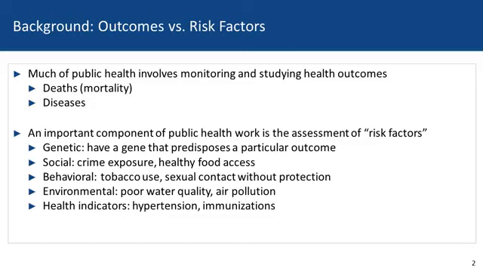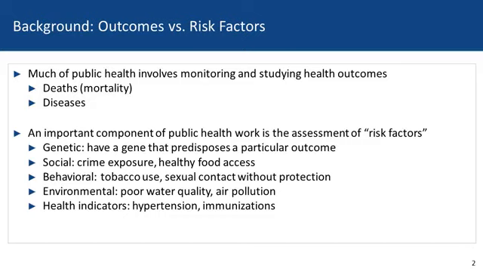These are those factors that might contribute to someone having a particular outcome or progressing more rapidly to death or another negative consequence. Risk factors can be in several domains. There are genetic risk factors, having a particular gene that predisposes one to having a particular outcome. There are social risk factors, such as exposure to crime or access to healthy foods.